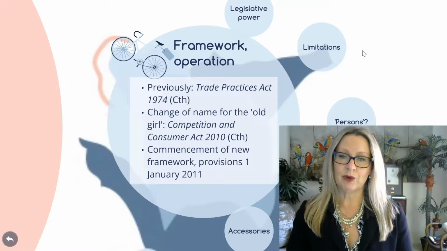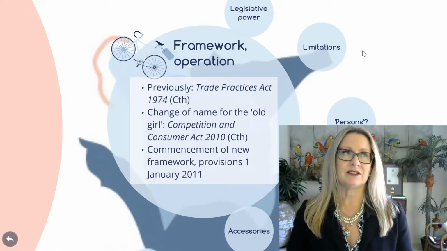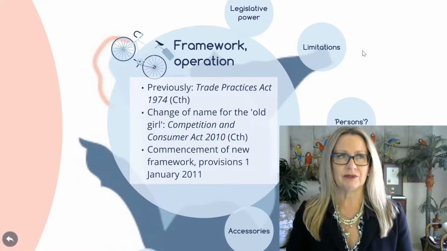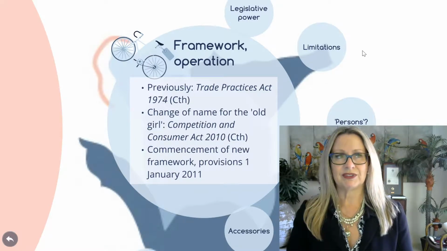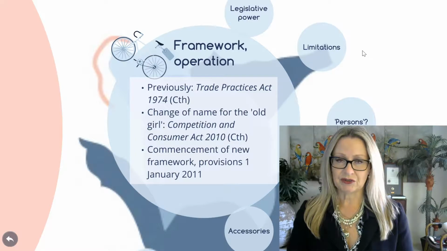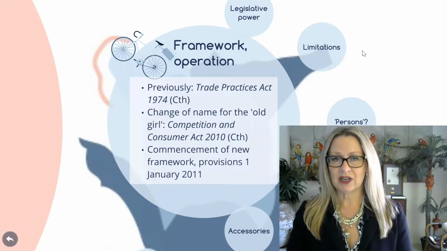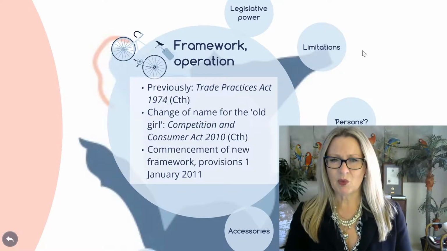Previously, even before we had the Trade Practices Act in 1974 come on board, we had a series of, should I say, a mishmash of sometimes effective, sometimes ineffective state legislation. Most of them were called the Fair Trading Acts, that all operated in slightly different ways.